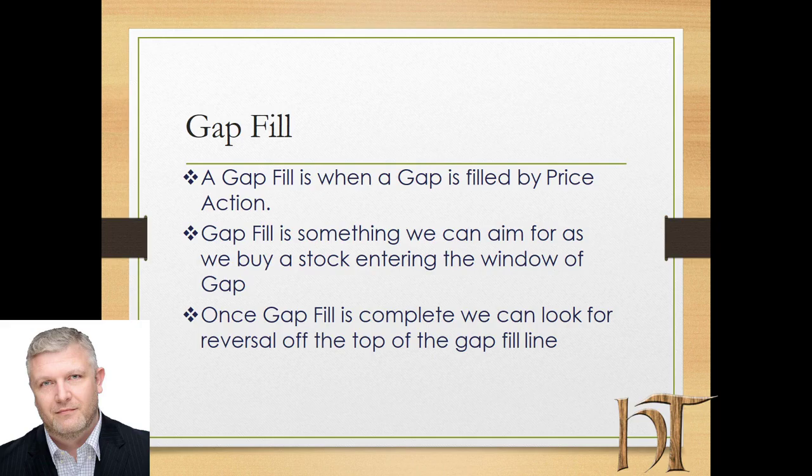But a gap fill is kind of like the VWAP, where that may be our ultimate target, but typically we don't fill the entire gap. But you know, if we get halfway there and it's a 10-point gap, then we still have $5 of profit. There's a lot of potential that's still there.